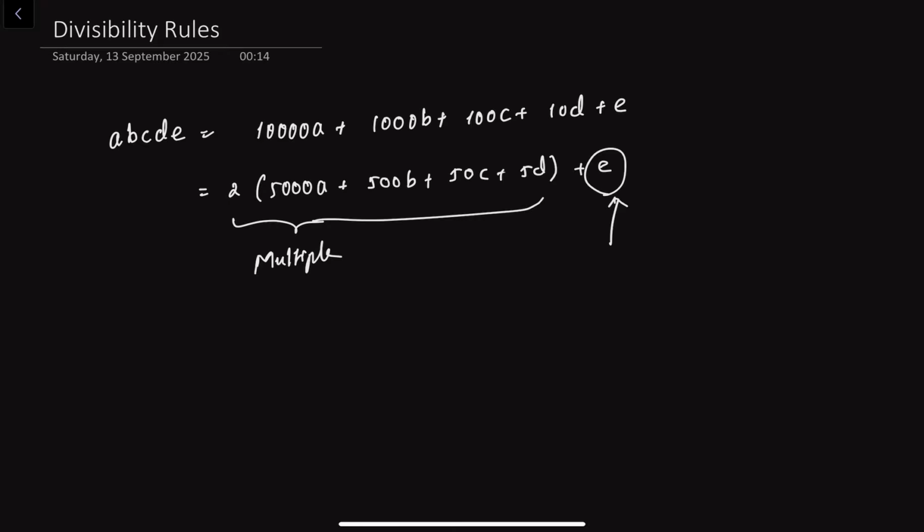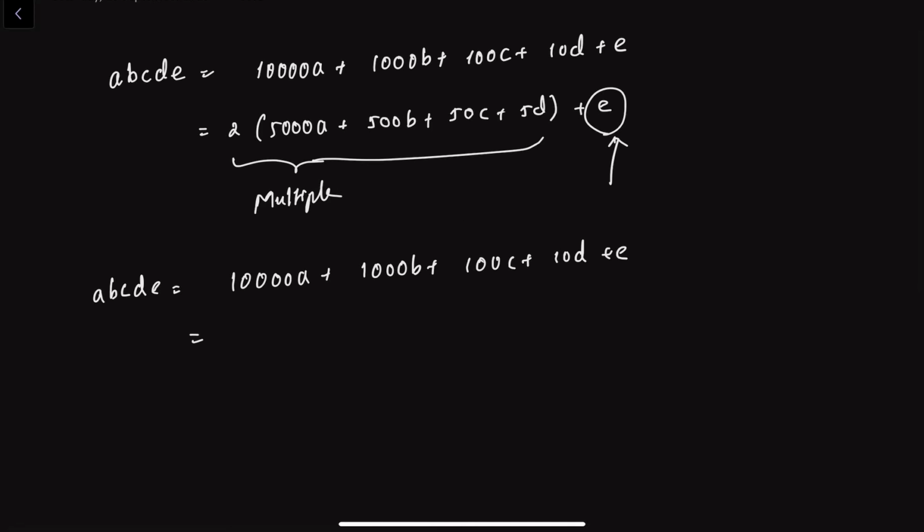In the same way, let's say 10,000A plus 1000B plus 100C plus 10D plus E. Suppose I take 4 common, so it is 4 times (2500A plus 250B plus 25C) plus 10D plus E. So this 10D plus E will determine whether our number is divisible by 4 or not.